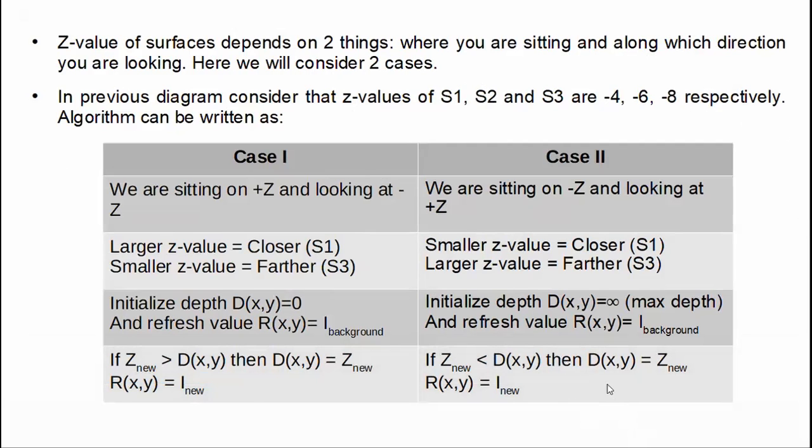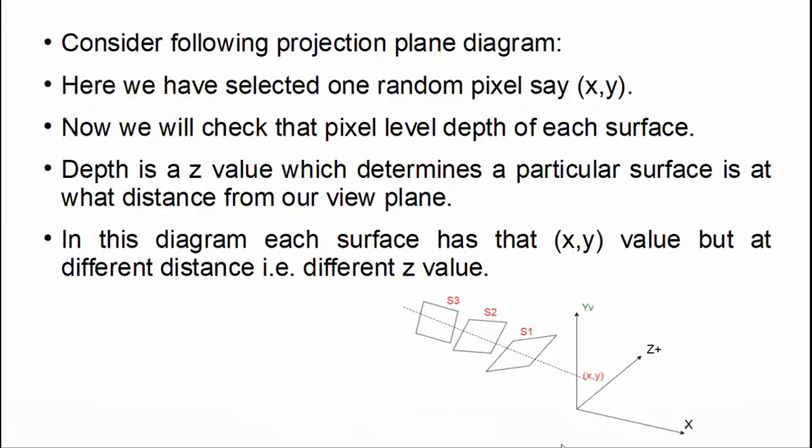I'll just show you the diagram again here. Now, suppose this is surface S1, S2 and S3, and S1 is at depth -4, this is at depth -6 and -8.